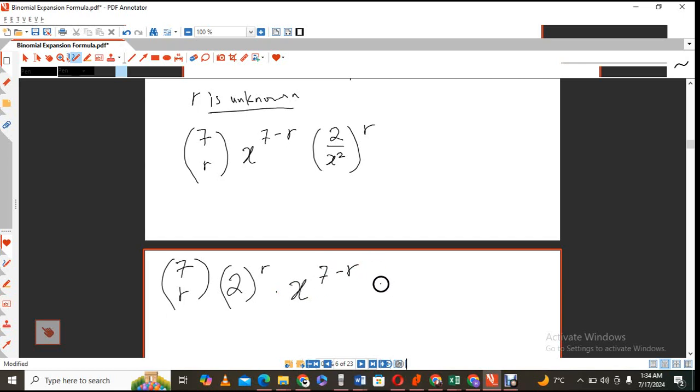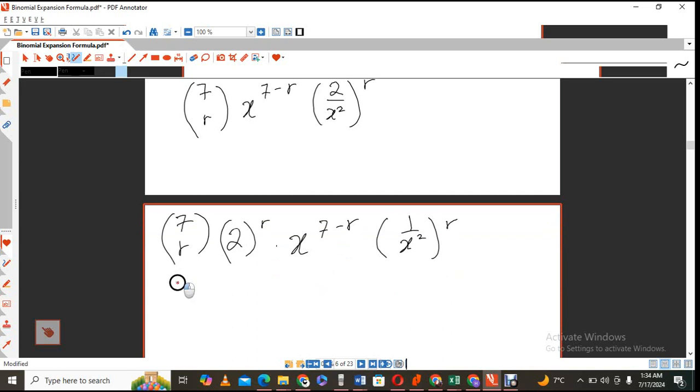And then I have something you should be familiar with, 1 over x squared raised to the power of r. Let's just go ahead and clean it a bit further. So this is 7 choose r. Again, I have no use for this because this is just some constant. And x^(7 minus r). And this is nothing but x^(negative 2), raised to r. Please be familiar with the laws of indices.